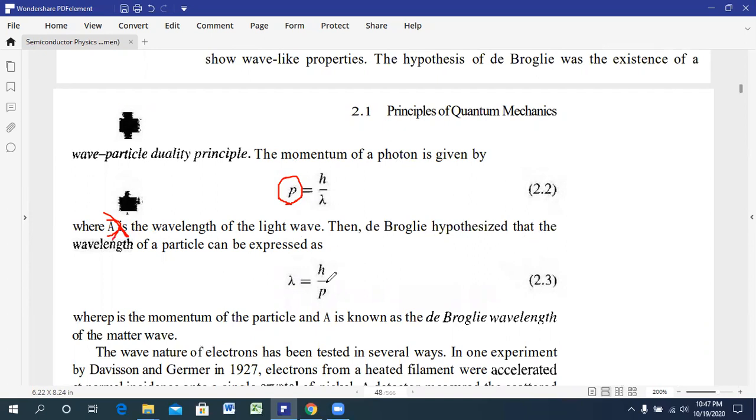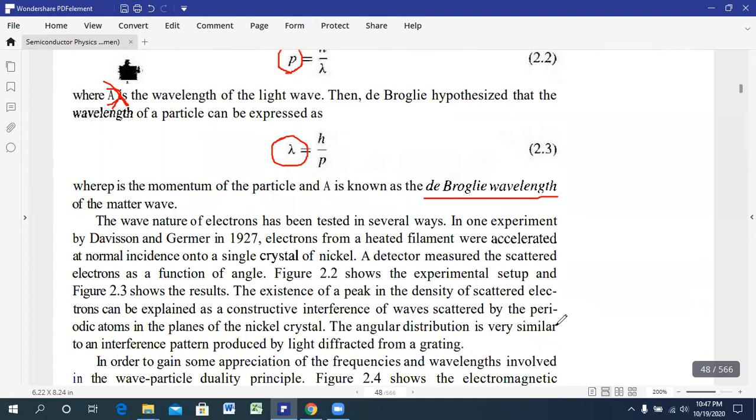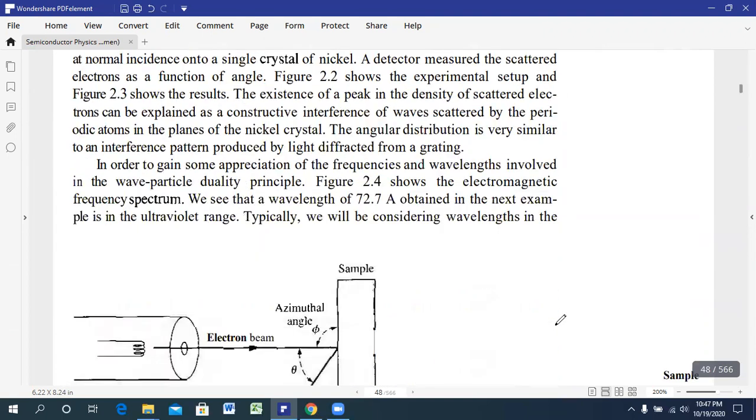Similarly, the wavelength can be expressed as h divided by p, where lambda is known as the de Broglie wavelength of the matter. I think this one is clear.